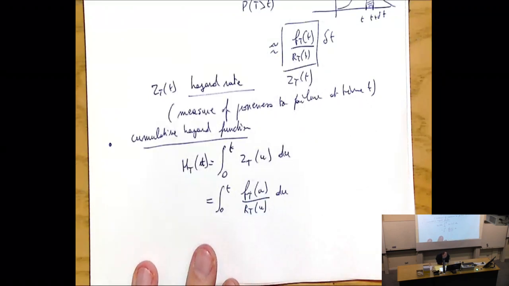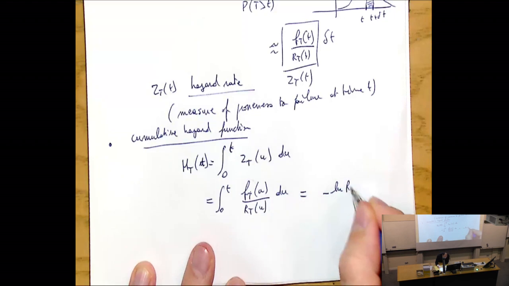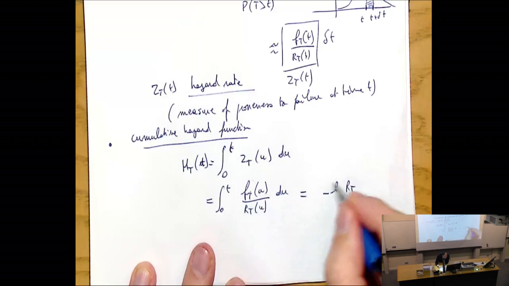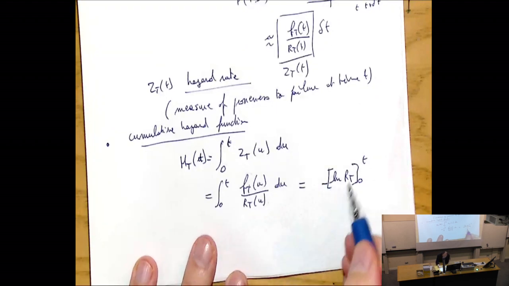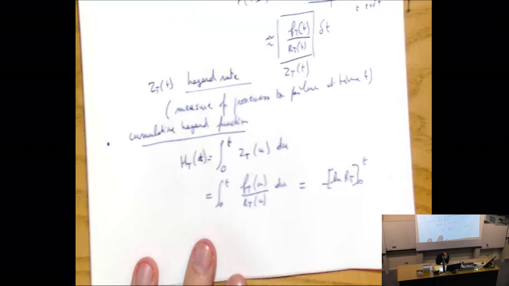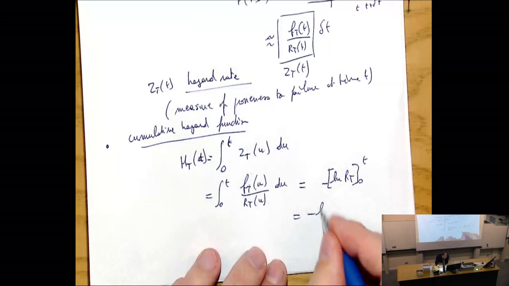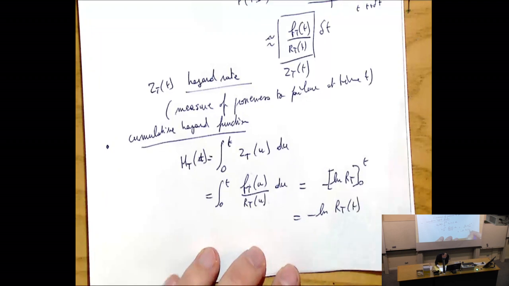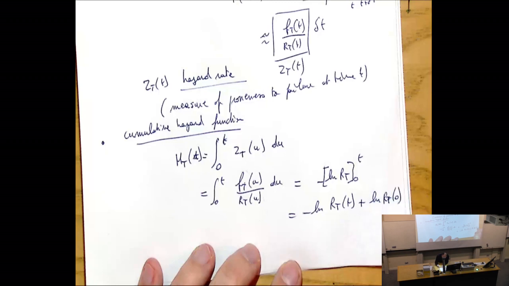This ratio resembles something logarithmic. So this is minus the logarithm of this function, evaluated between 0 and t. The derivative of this would be 1 over R of t multiplied by this derivative. With this, we can plug it into this relationship, and what we get is minus ln of R of t evaluated at t plus ln of R of t evaluated at 0.